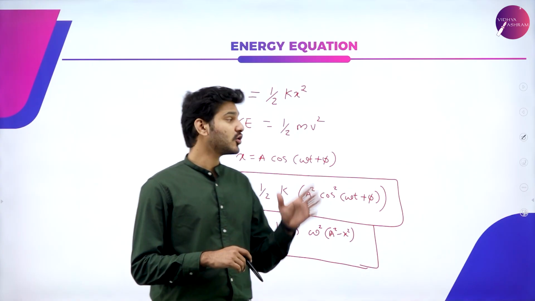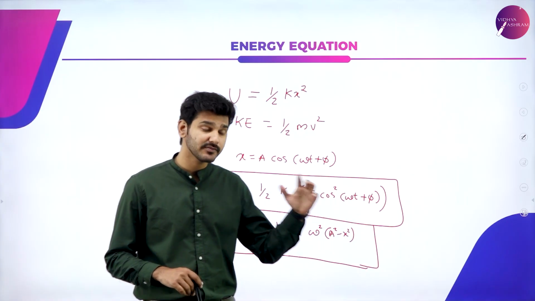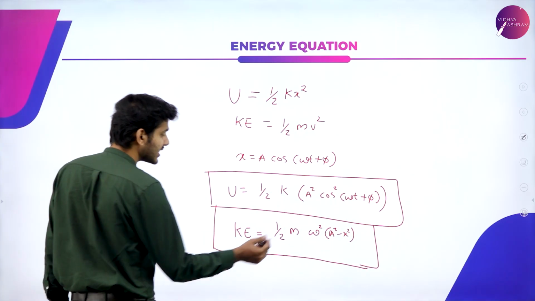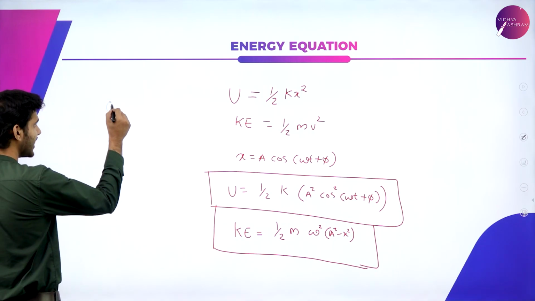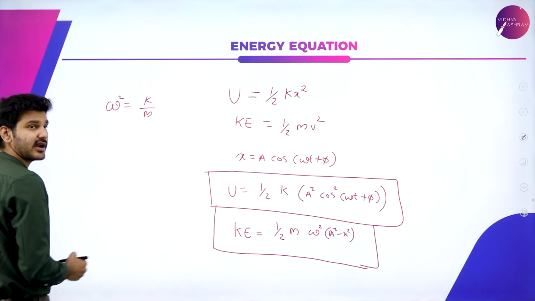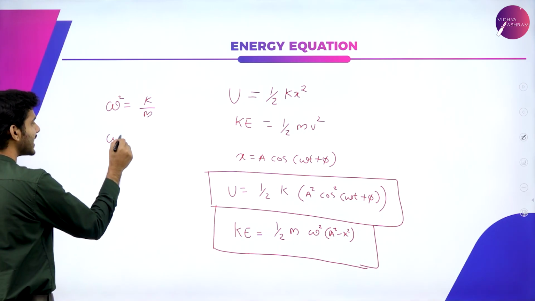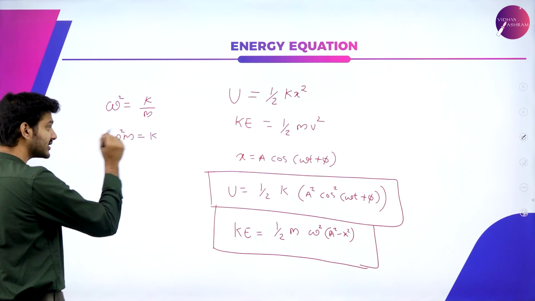If you assume that we are talking about the case of a pendulum, let's say a spring pendulum, then I can clearly say that omega square was written as k by m, right? Which means that omega square into m is equal to k. Why did I just write it down?